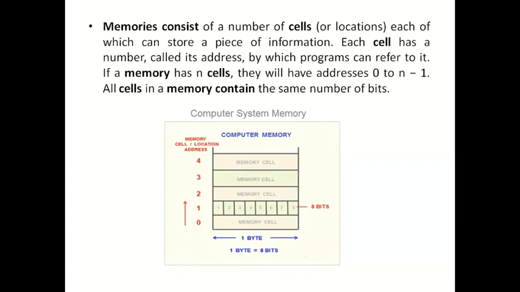Here the size of each cell is 1 byte, which in terms of bits is 8 bits. This is the minimum size, and every cell is 1 byte. You will not get any cell which is more than 1 byte.